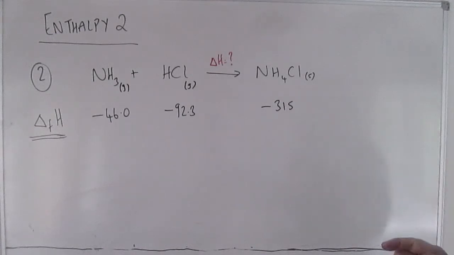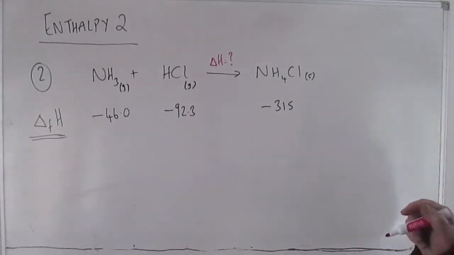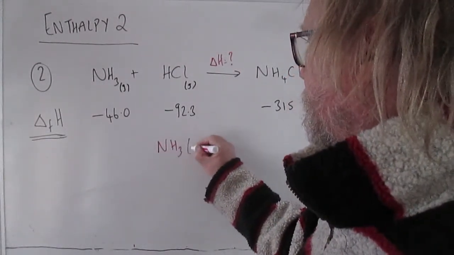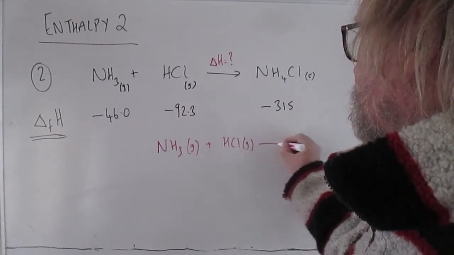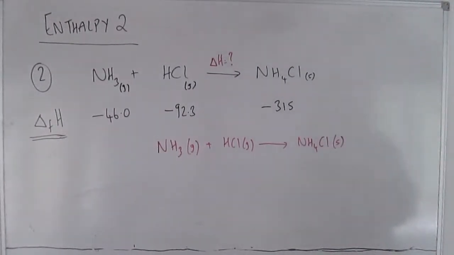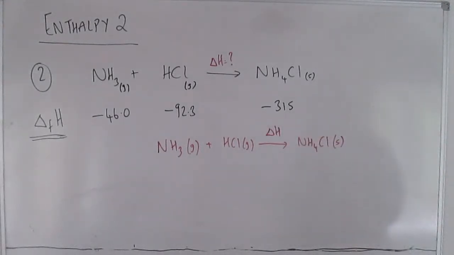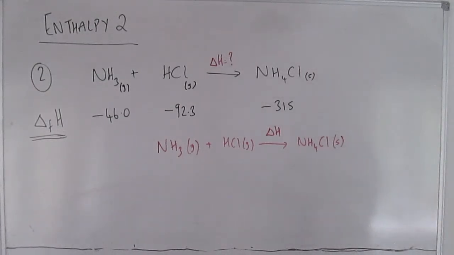So the way we're going to set it up is by drawing what people normally call the Hess's law cycle. That means we write the equation we're interested in across the top. Okay, so that's the target, if you like, delta H across there. And then we're going to use these data. As I say, these relate to reactions where these compounds are formed from the elements.